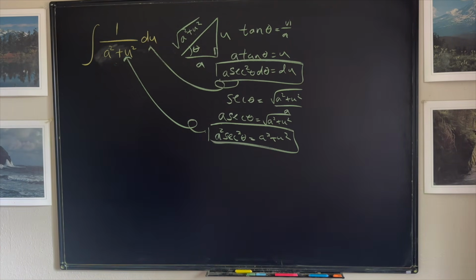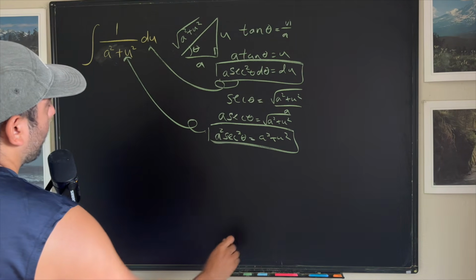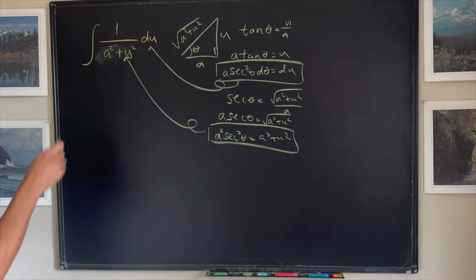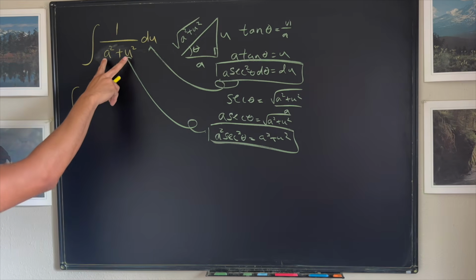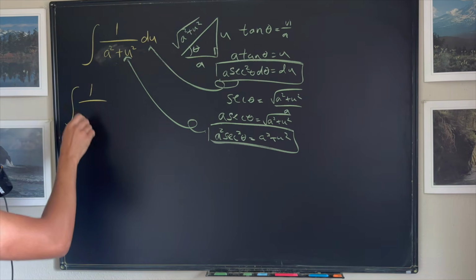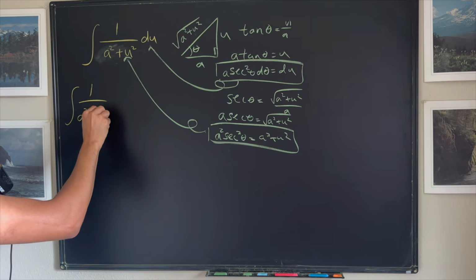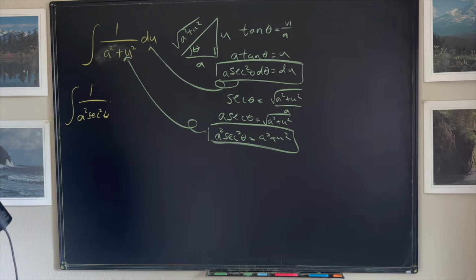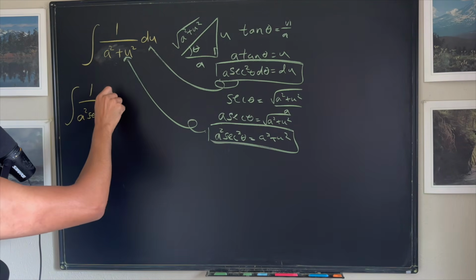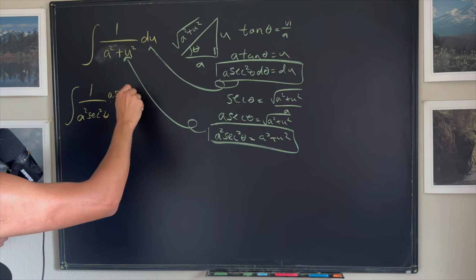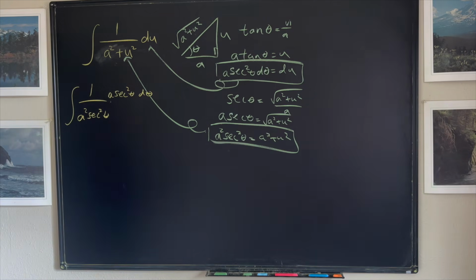So now that we have the particular values and we have the du, let's go ahead and find our new integral. So we have the integral of 1 over this entire value, which is this. So we have a squared secant squared theta times our differential du, which is a secant squared theta d theta. Okay. Let's see what cancels out.